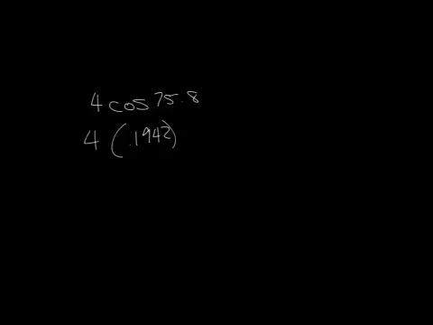And then you're going to multiply that by 4, and you're going to get 0.7769 for an answer. So all you're doing with that 4 is multiplying it by the cosine of 75.8. Same with the sine. C, D, E, and F shouldn't give you any trouble.